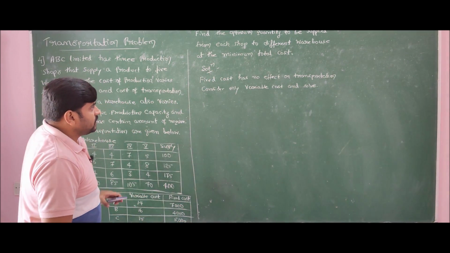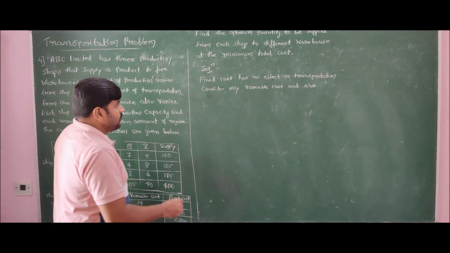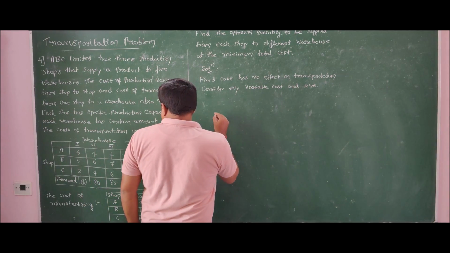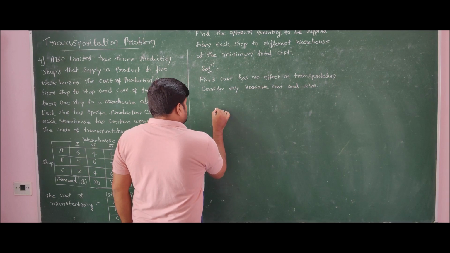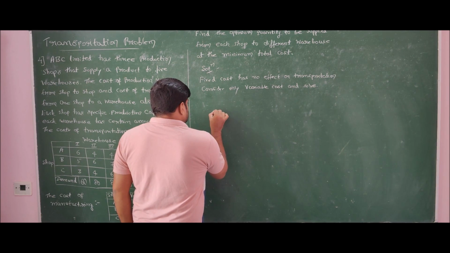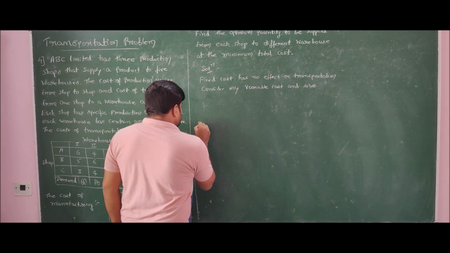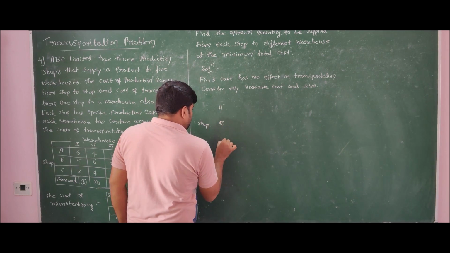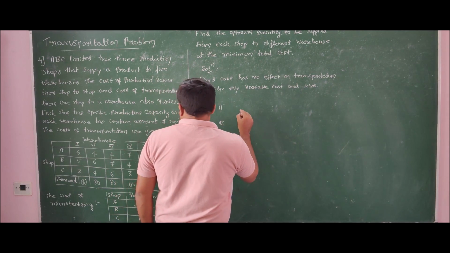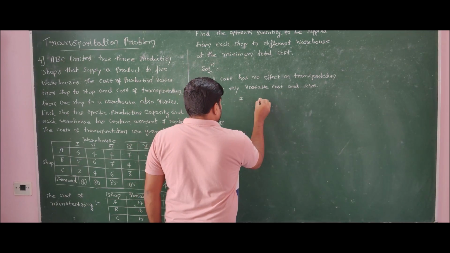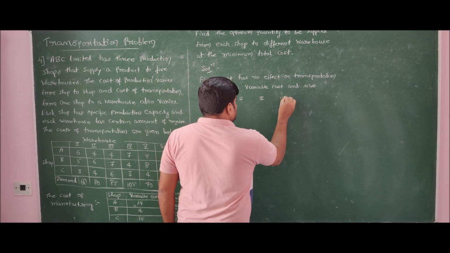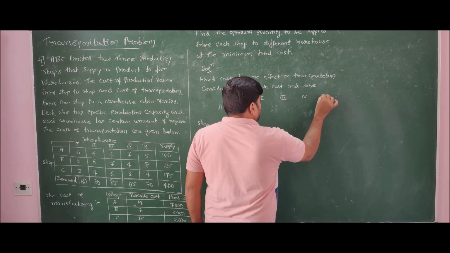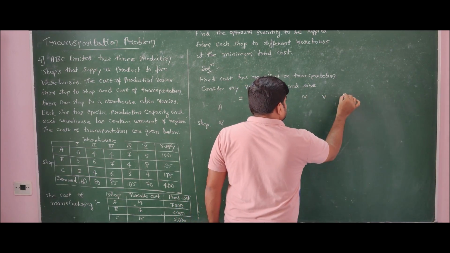So now the new transportation matrix will become, we have the shops A, B and C, and we have the warehouses 1, 2, 3, 4 and 5.